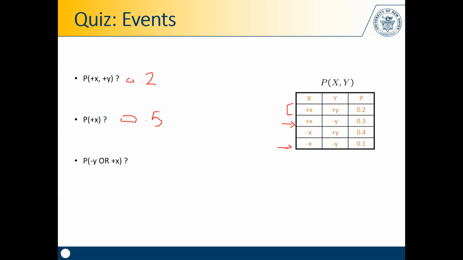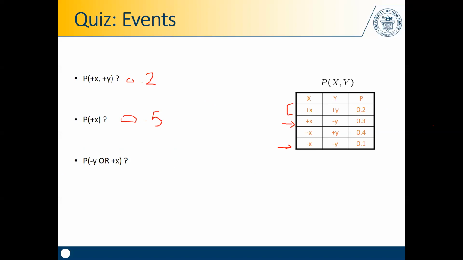All right. So let's see if we can reason about this. We have a number of different answers. What is the probability of the outcome being plus X? It is 0.2 plus 0.3, which is 0.5, right? We've already looked at this. What is the probability of the outcome being negative Y?